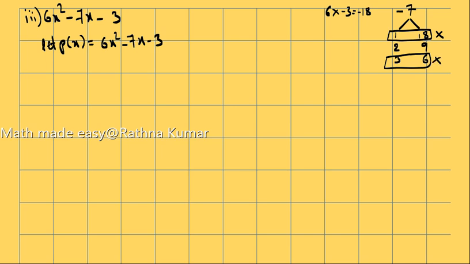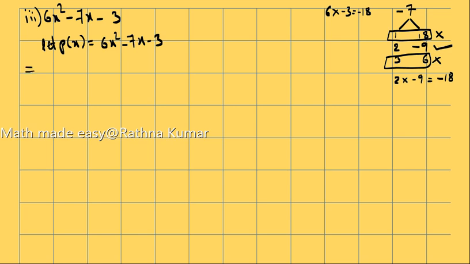Here, in the second option, if we add 2 and 9, we are able to get 7. So if we take this as -7, 2 + (-9) is -7, and what is 2 into -9? This is nothing but equal to -18. So this is the correct pair to split -7.